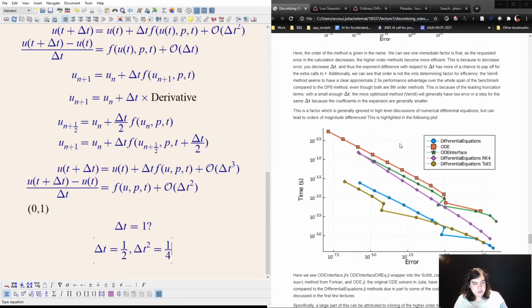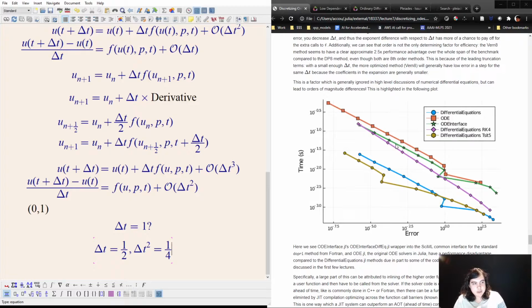Now, an interesting thing that we can also look at, a different dimension, is what effect implementation tends to have. Because we've been talking so much about code performance, what does code performance end up doing here? So here we can look at the Fortran method from ODEInterface. This is the dopri5 method, the classic Hairer Fortran method.